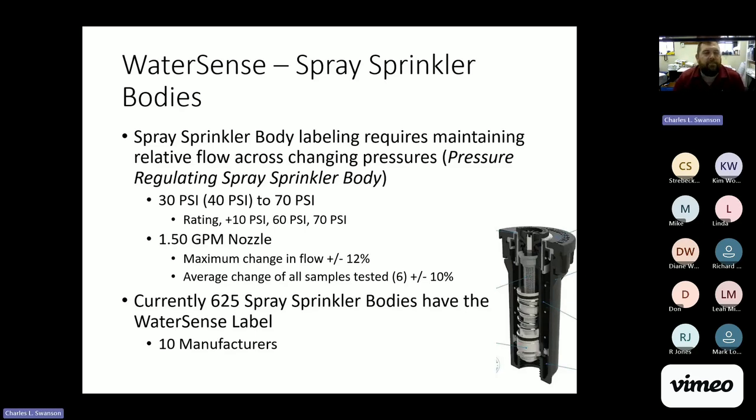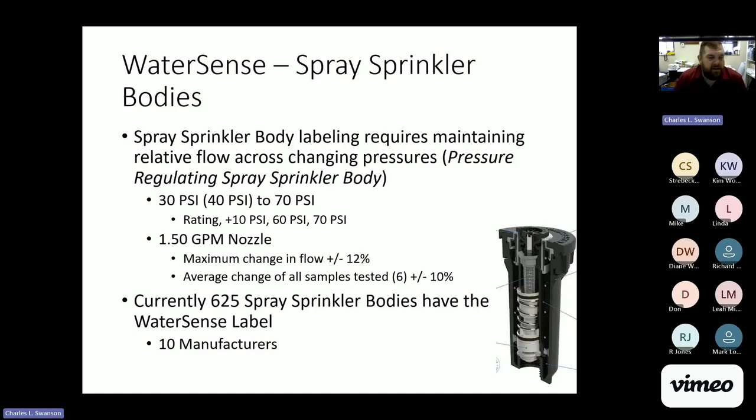Pressure regulating sprinklers have built-in regulators, so as pressure may fluctuate at your property, the performance of that sprinkler remains relatively constant. These sprinklers are tested under a wide range of pressures at a standard sprinkler nozzle to monitor the output pressure and the output flow rate to make sure that they regulate correctly.